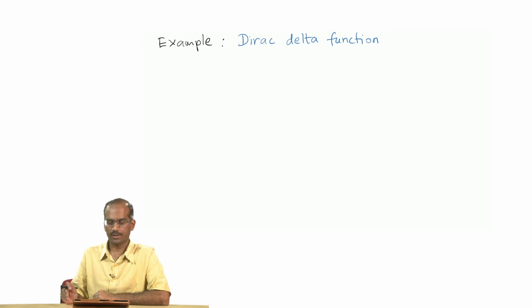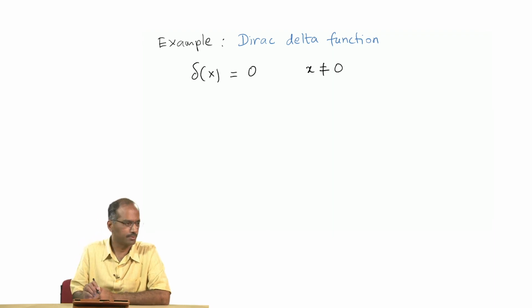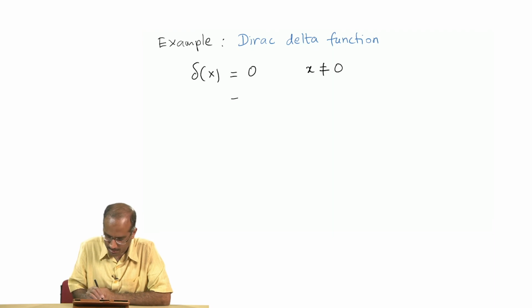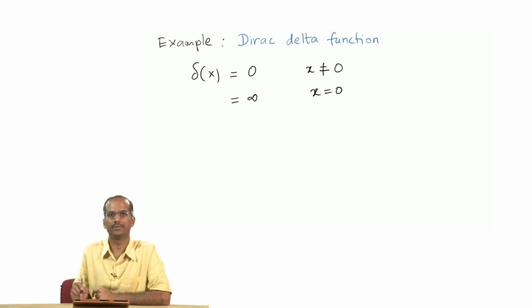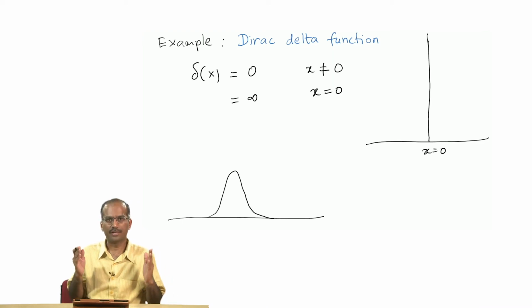Let me conclude this section with the last example, which is the Dirac delta function. It is equal to 0 if x is not equal to 0 and is equal to infinity at x equal to 0. To think about it, you can imagine that you have a Gaussian like function and the width is getting narrower and narrower.